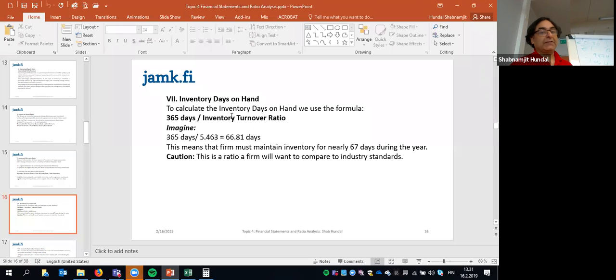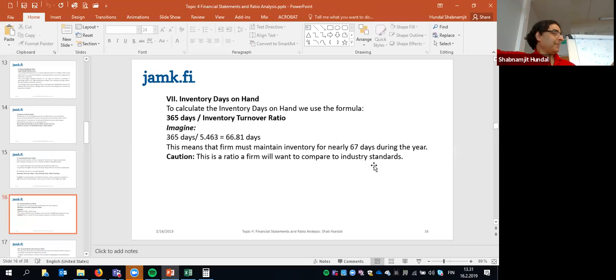And after I calculate this inventory ratio, if I divide 365 days by it, it means that a firm must maintain inventory for nearly 67 days during the year. It means that you must have so much stock in your warehouse, in your godown, that you are able to run for the next 67 days.